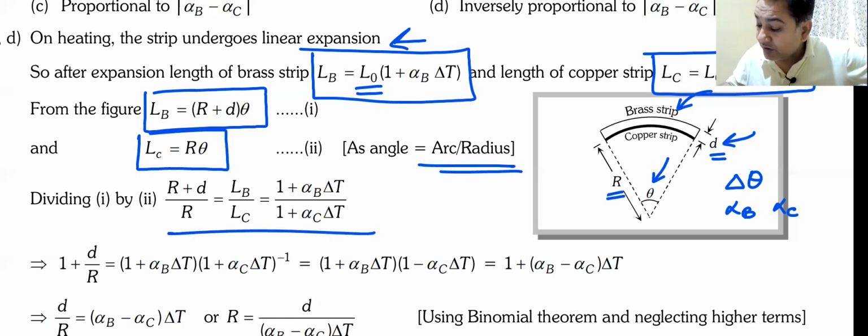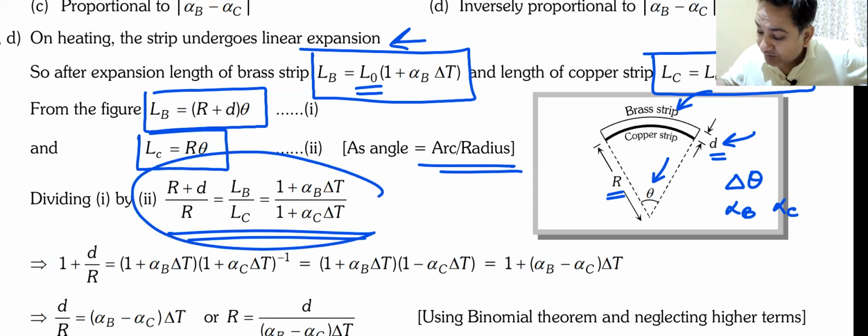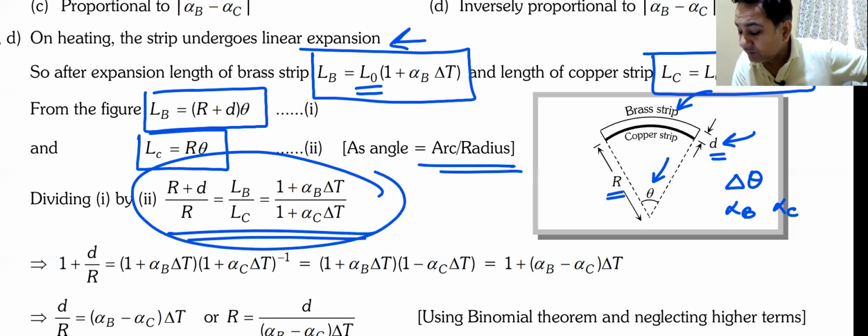You divide the two quantities, and this is the most important result in the entire discussion. R plus D by R is 1 plus alpha into delta theta of the upper convex side divided by 1 plus alpha into delta theta of the lower side. You understand this? Yes, sir.